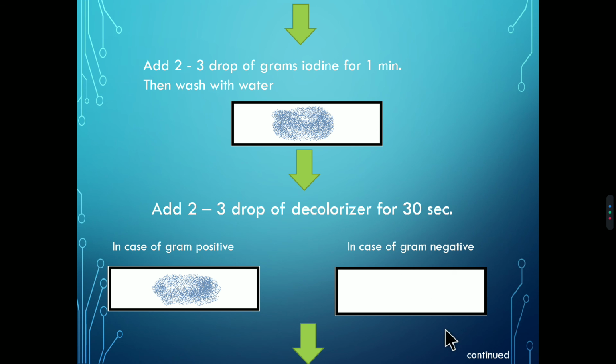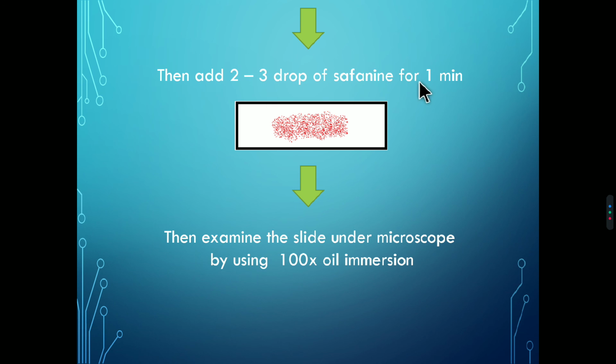Then wash with water. Now add 2 to 3 drops of safranin for 1 minute. In the case of gram negative, they retain the safranin color and the smear becomes pinkish.